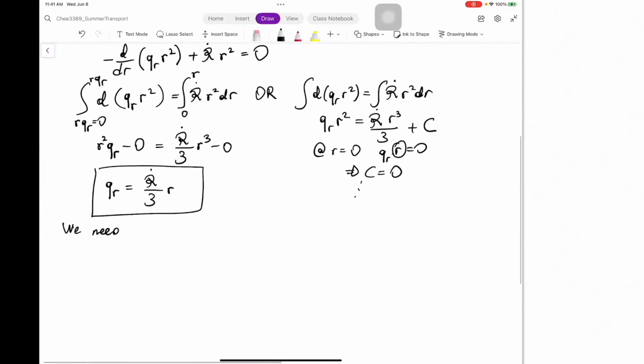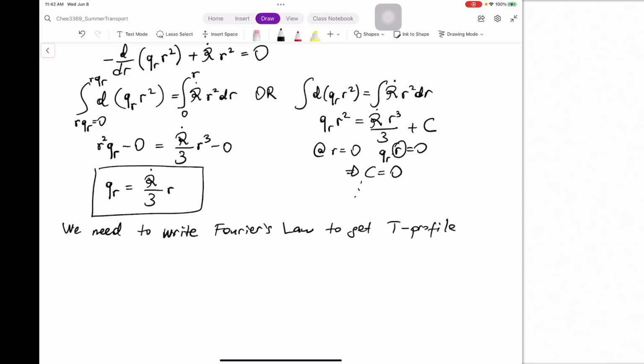As always so far, we need to write Fourier's law to get the T profile from the Q.